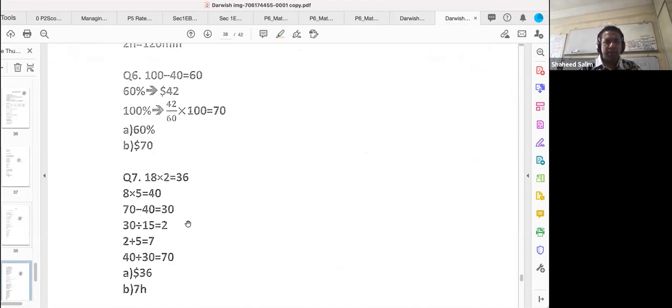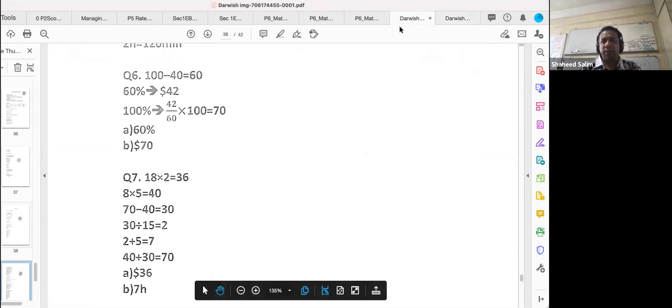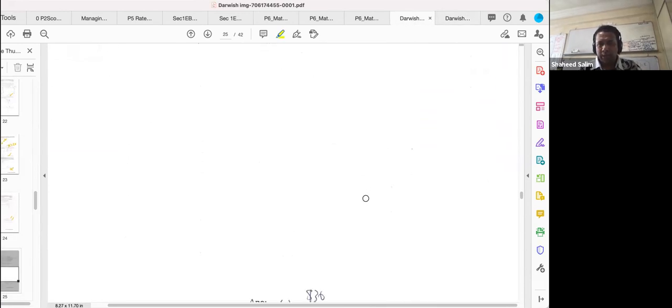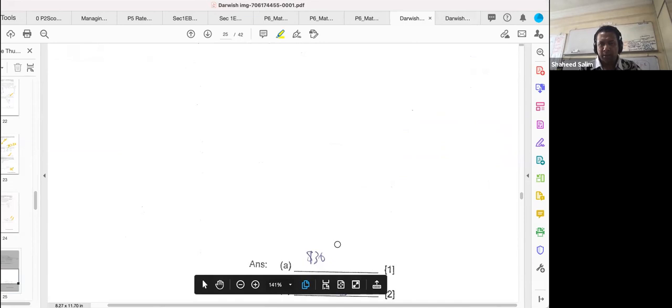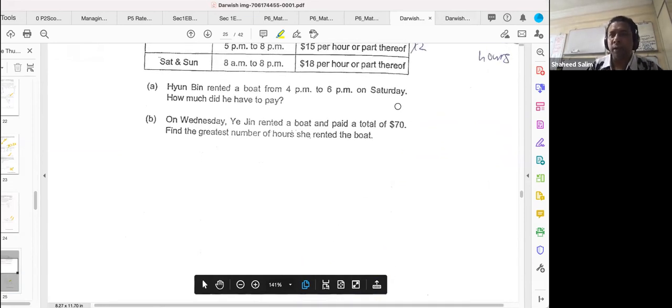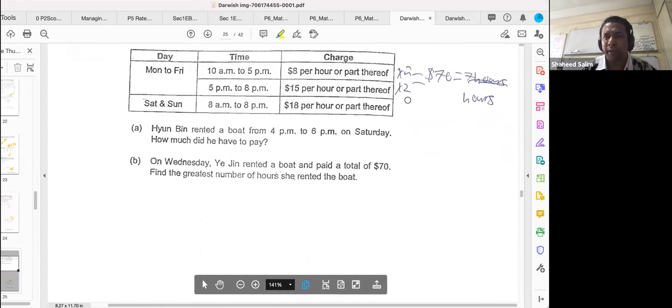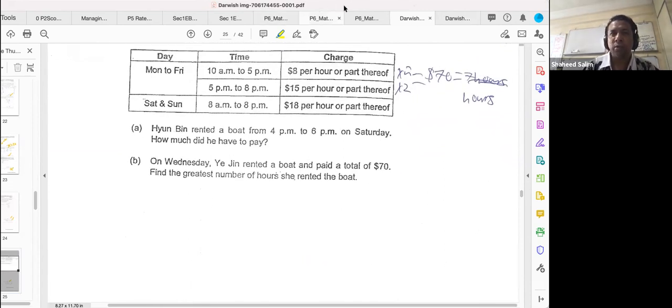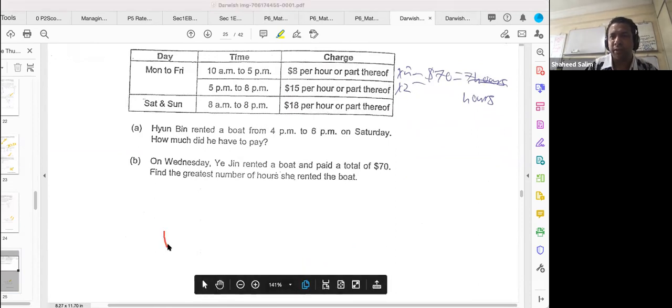This is number 7, right? 36 is correct. Oh, I thought you wrote 30. Okay, 36 is okay. But you need to write your number sentence down here. So I think you wrote something but you didn't write it down here. So this one, you must remember the number sentence here. You know this, right? Your teacher taught you this, right? 18 times 2, please. You must write like that.